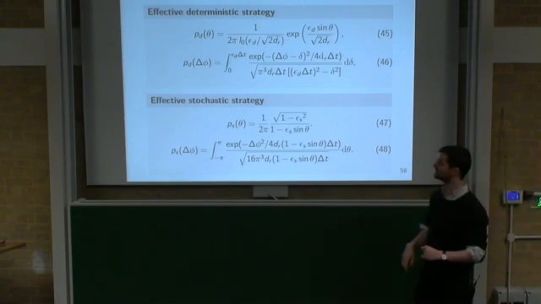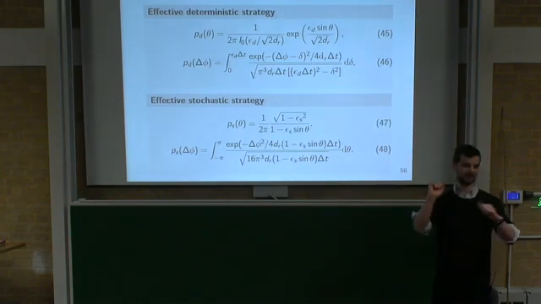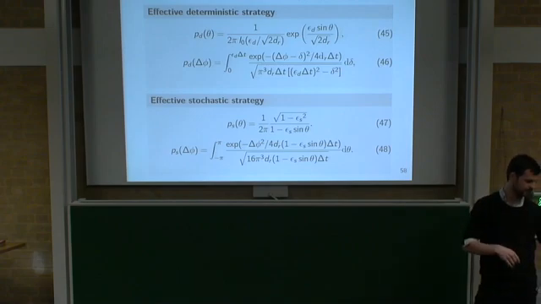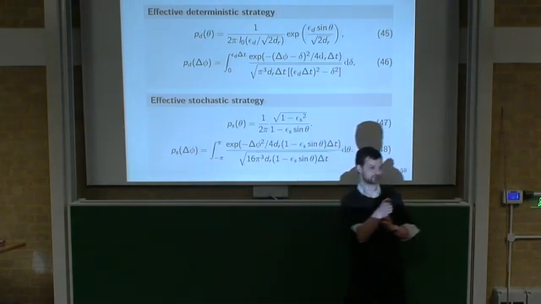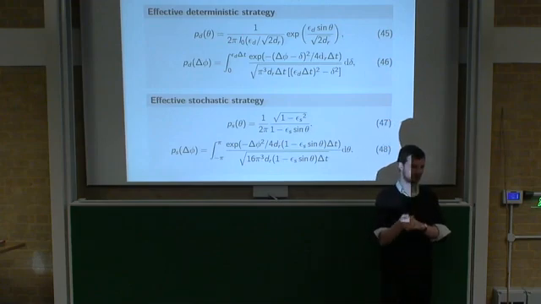The nice thing is that you can solve them both for the steady state case and for the distribution of a push or change in direction. By change in direction, I mean this delta phi is positive if you are now swimming more in the right direction and negative if you're going away from the right direction.